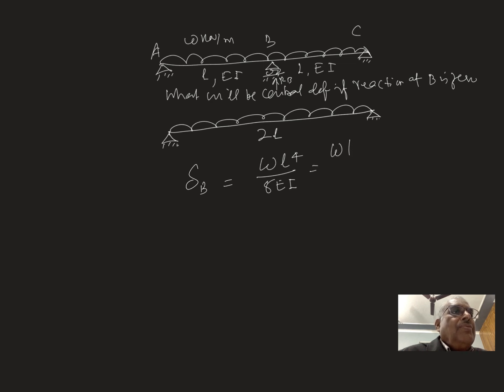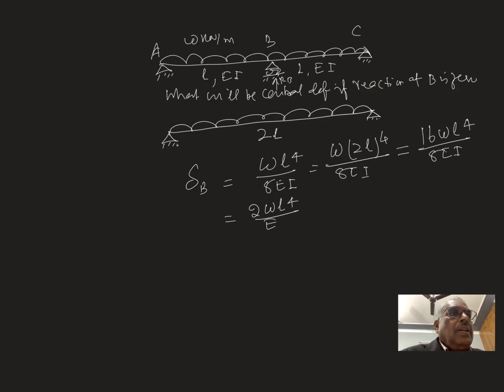So W L^4, where L is 2L, so (2L)^4 divided by 8EI, and this is equal to 16 W L^4 upon 8EI. This is 2 W L^4 upon EI. So this is the answer. You will be asked for the deflection, so this must be the deflection.